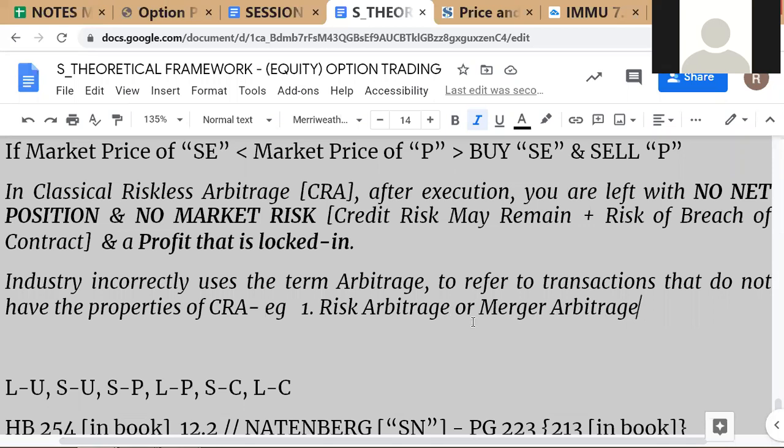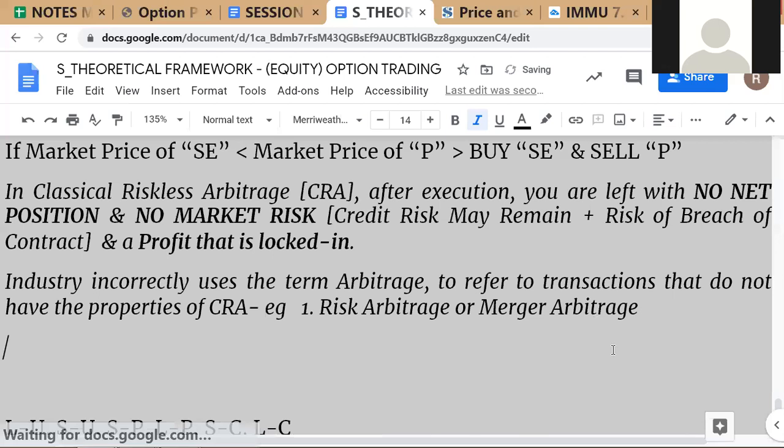Then you buy the shares of the target company, Yahoo is the target, and you sell the shares of the acquirer company, so you sell Facebook. That's the idea of risk arbitrage and merger arbitrage. And this is not arbitrage because this condition is not fulfilled. There is market risk in this transaction, so it's not CRA.